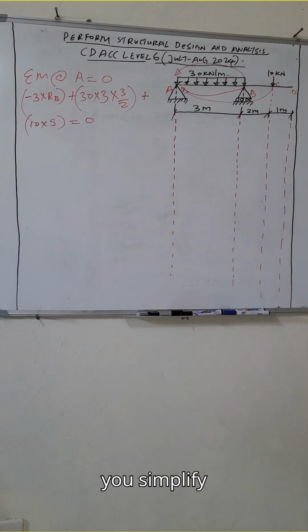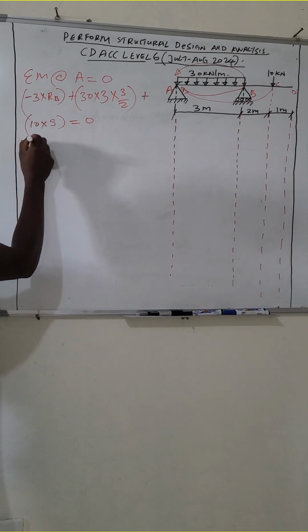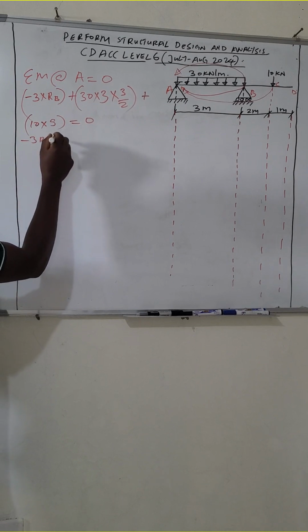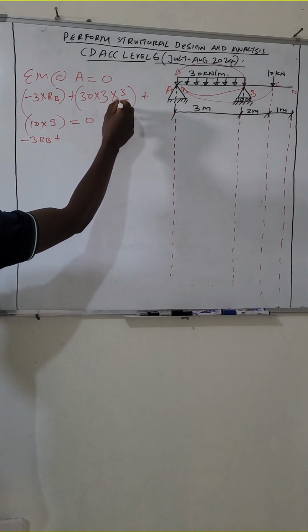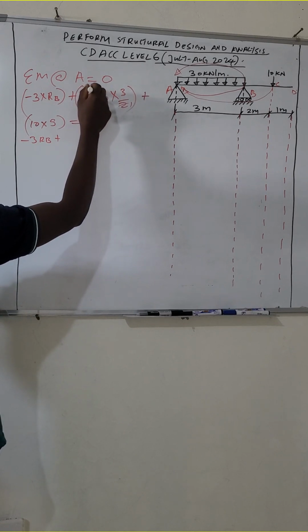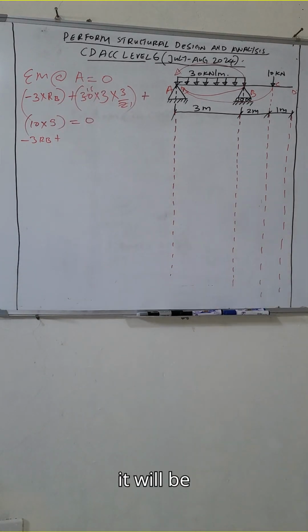Then you simplify by opening the bracket: minus 3RB plus 2 times 15, that is 15 times 9.